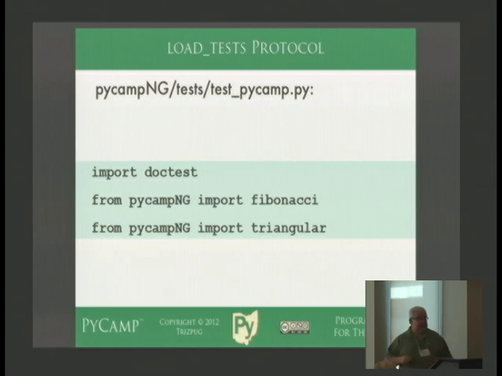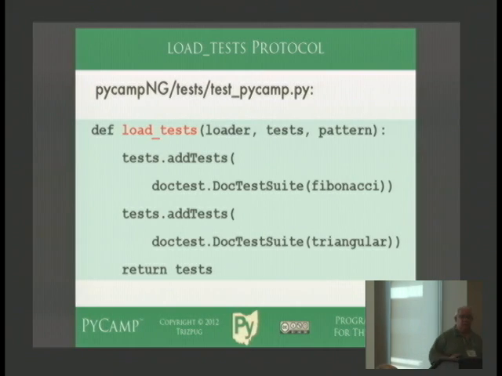So let's take a look at test_PyCamp.py in the test subpackage. We import doctest, we import Fibonacci, and we import triangular: the thing we need to do the testing, and the two things that we want to test. We define a load_tests function, and unittest calls this and provides the arguments. It provides us with a loader, which we're not going to change, so we just disregard it. It also supplies a test suite.